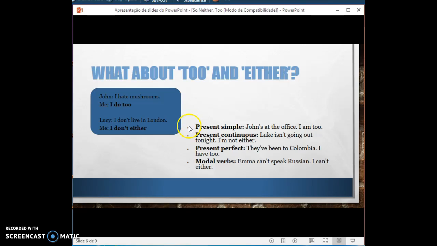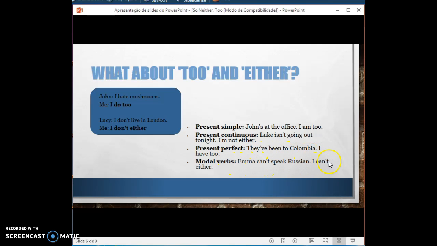With this other way, in the present simple, we use "I am too," for example. We put the too at the end of the sentence. "Luke isn't going out tonight." "I am not either." We put the either at the end of the sentence. With the present perfect, again, "They've been to Colombia." "I have too." See that in any case, the too or the either goes at the end of the sentence.